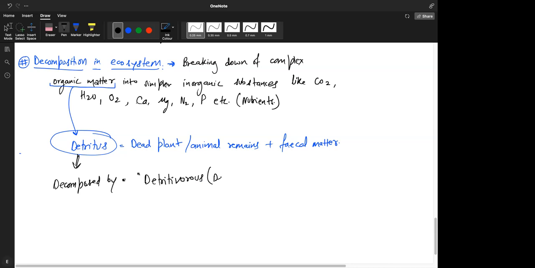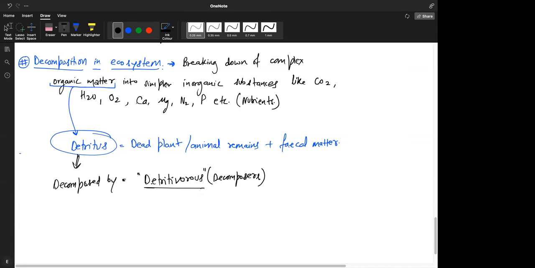Okay, you're right. They can also be called decomposers. They are called detritivorous because they decompose the detritus. So the name comes from here. Earthworm is a very well-known detritivorous, also known as farmer's friend.